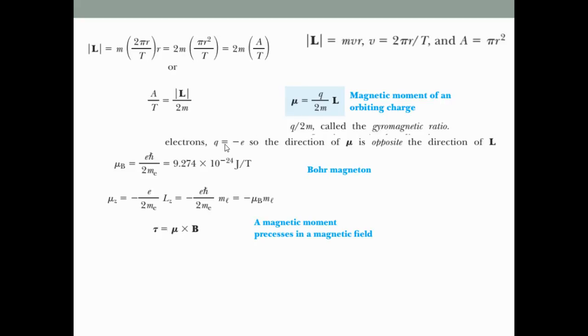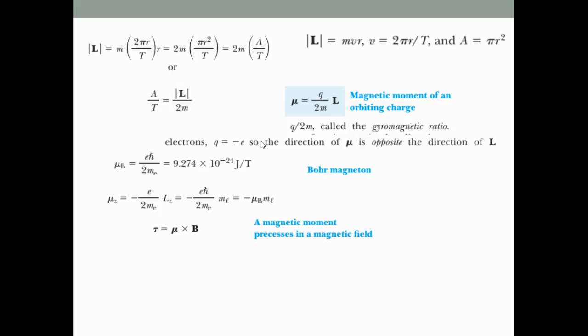For electrons, Q is equal to minus e, so the direction of mu is opposite to the direction of L. On the atomic scale, the elemental unit of angular momentum L is h cut.